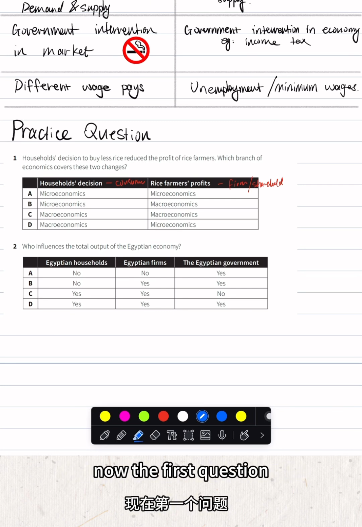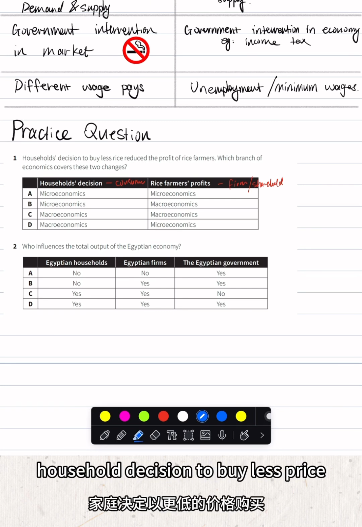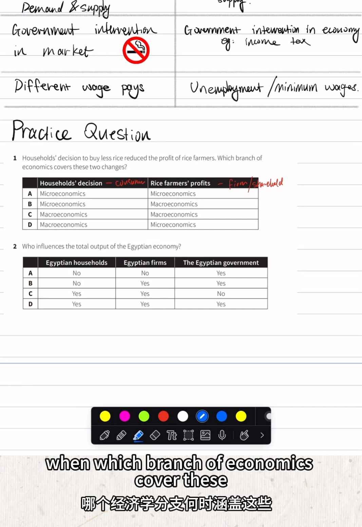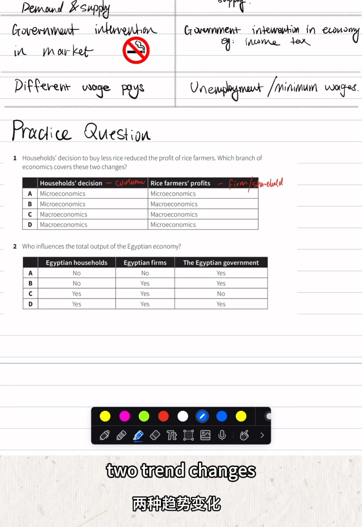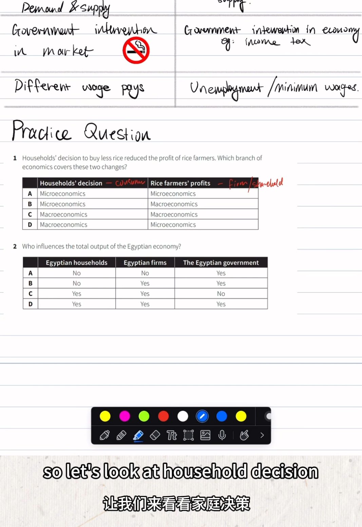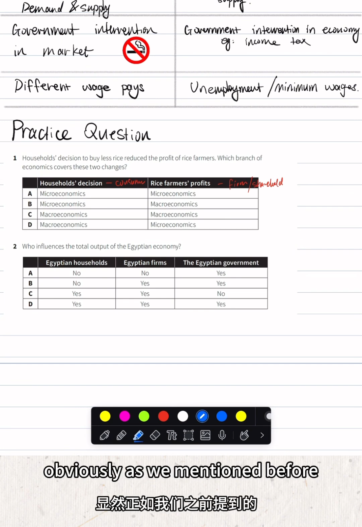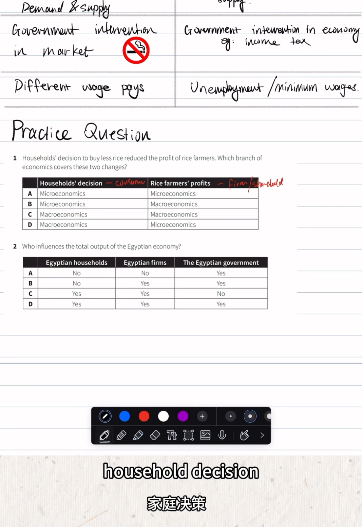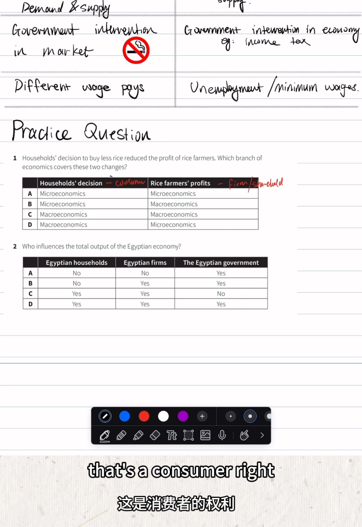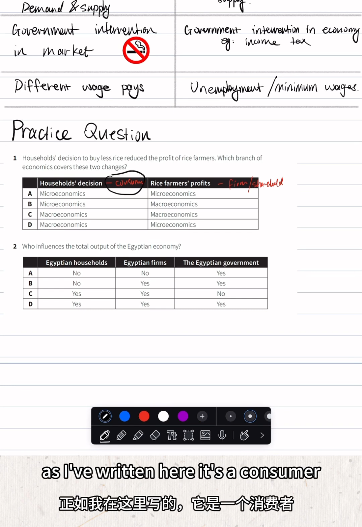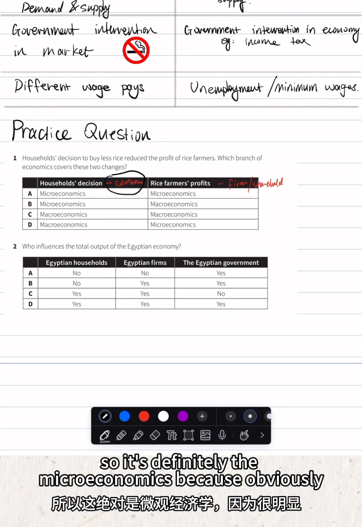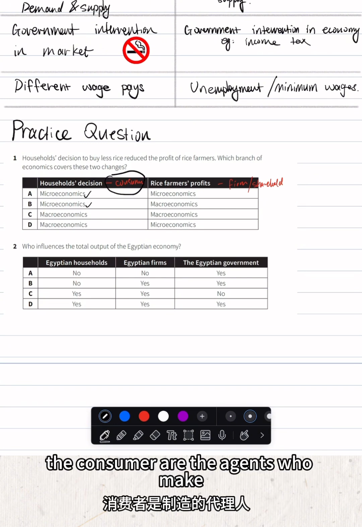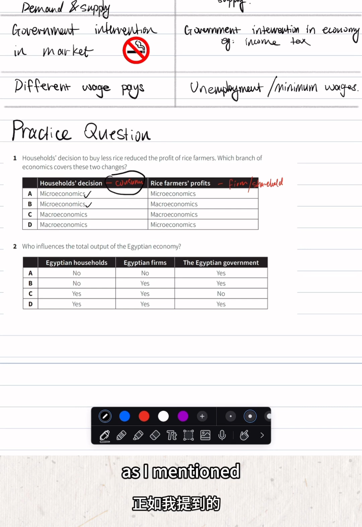Now, the first question: households' decision to buy less reduces the price and the profit of rice farmers. Which branch of economics covers these two trend changes? So let's look at household decision. Obviously, as we mentioned before, household decision, that's a consumer, right? As I've written here, it's a consumer. So it's definitely microeconomics because obviously the consumers are the agents who make economic decisions, as I mentioned.